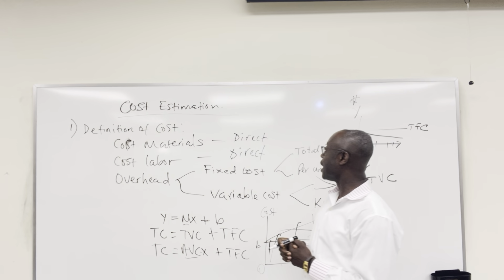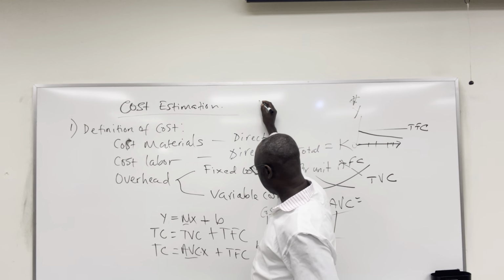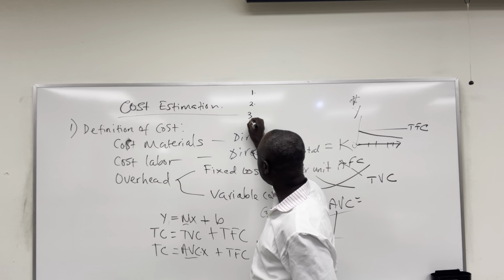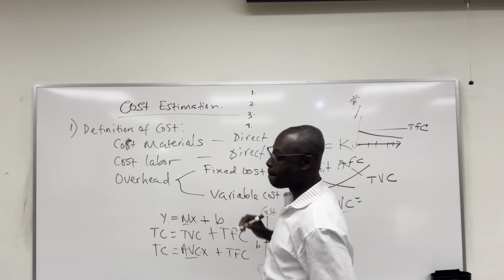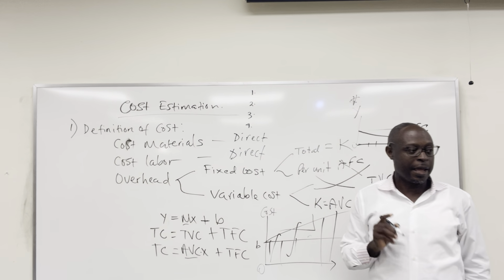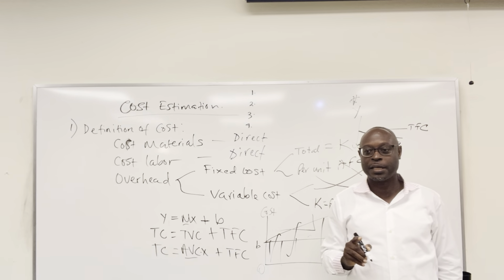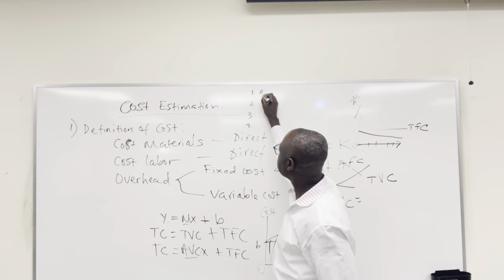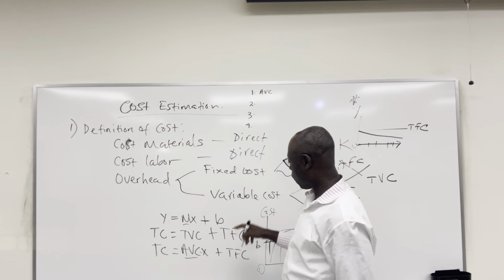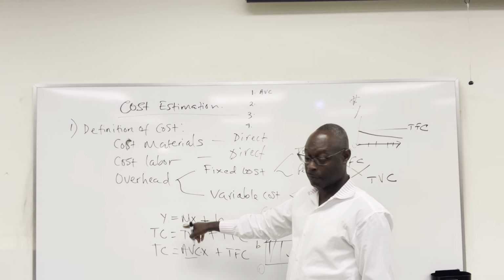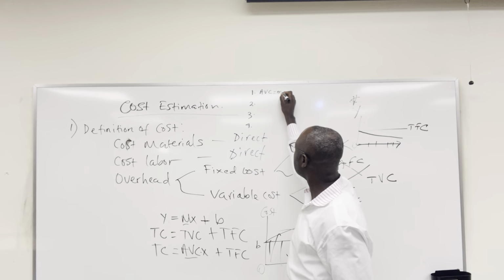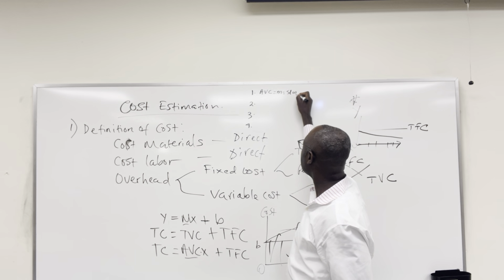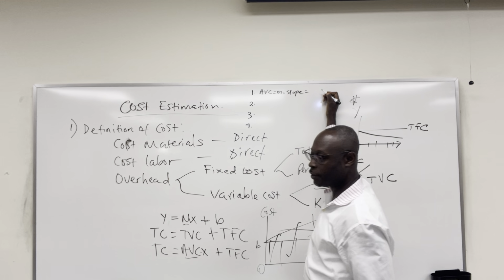Now, to round this up, I want you to remember 1, 2, 3, 4. 1 is, I want you to remember how to calculate the average variable cost, ABC, which we said is M, the slope, using the high-low method.